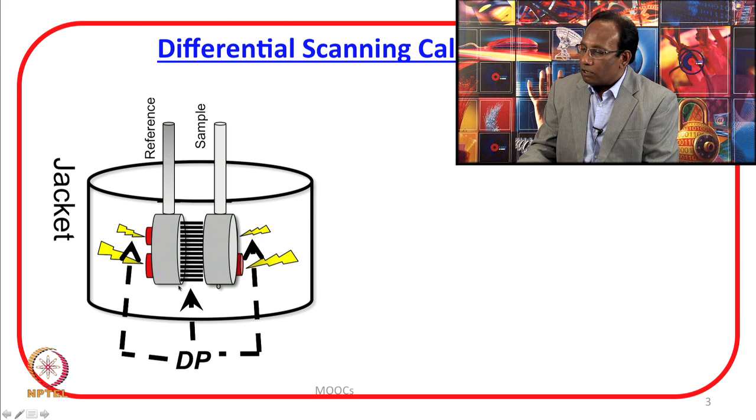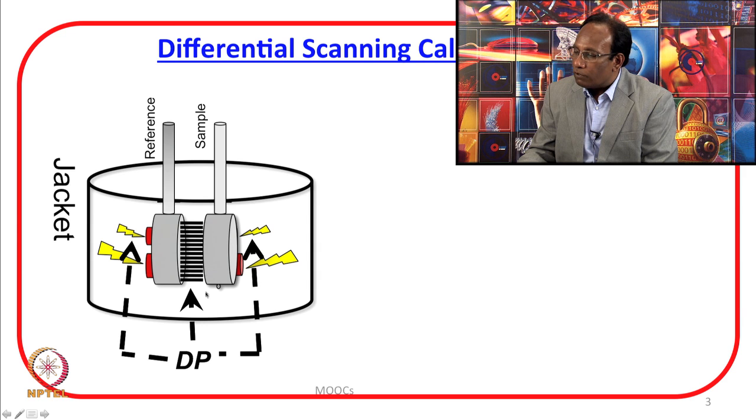Initially, a constant power is supplied and it is heated at a constant heating rate or a constant scan rate. In DSC, the heating rate is usually termed as the scan rate. So, you increase the power, that means the same amount of power is increased in a programmed way with time. The temperature in both the cells will start increasing by an equal amount.